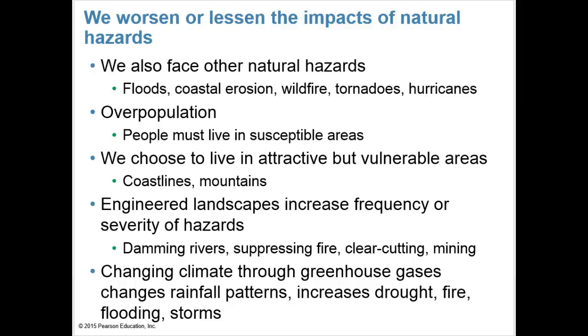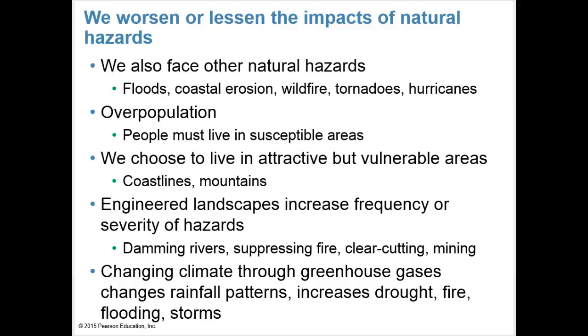We can worsen or lessen the impacts of natural hazards. We also face other natural hazards like floods, coastal erosion, wildfires, tornadoes, and hurricanes. Oftentimes, people live in these susceptible areas because of overpopulation of humans. We choose to live in attractive areas as well, but unfortunately, these can be vulnerable areas, such as in mountains or off coastlines.